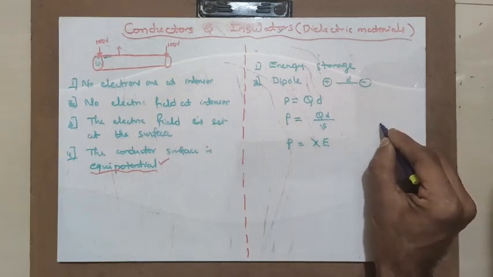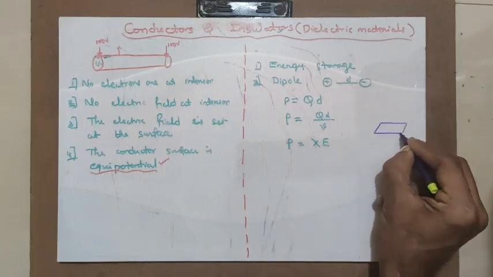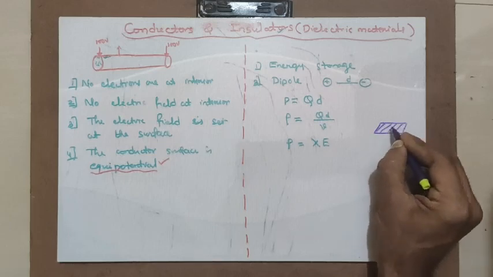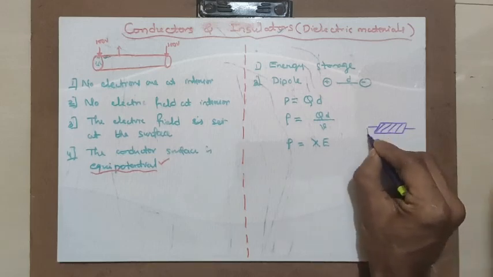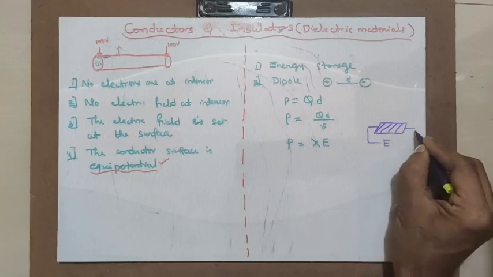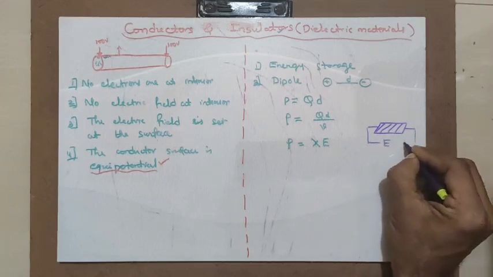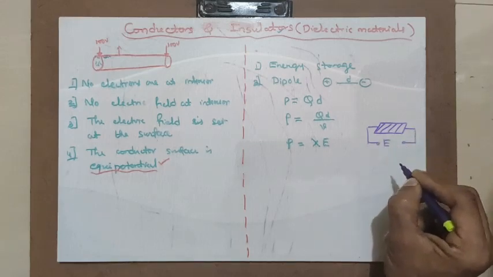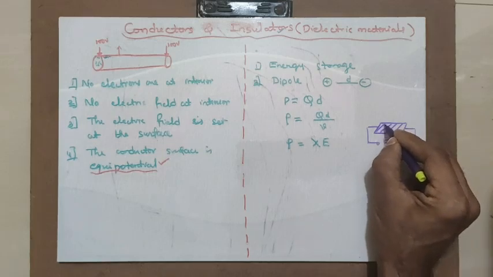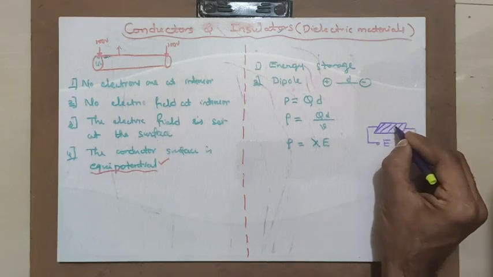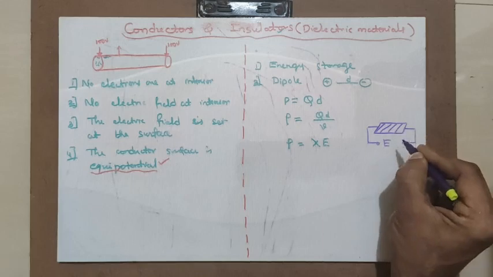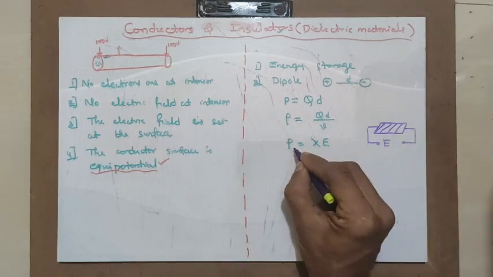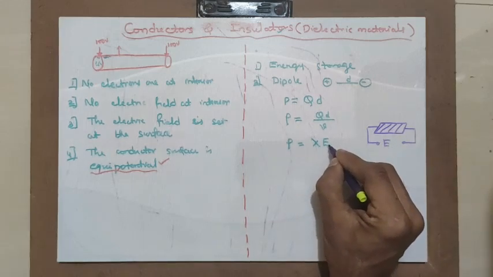Say this is an insulator. You are applying an electric field across that. When you are applying an electric field, how the dipole moments are set or how they are oriented depends on the electric field. Polarization is directly proportional to electric field, and this is called susceptibility.